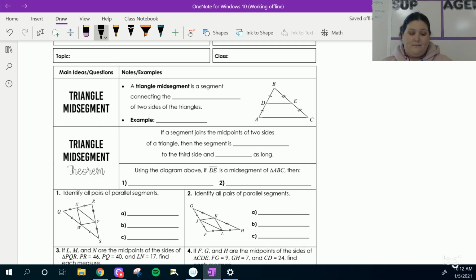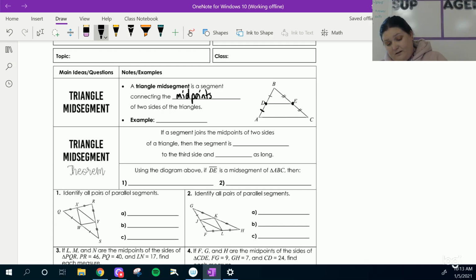So triangle mid-segment is a segment connecting the midpoints of two sides of the triangle. For example, on this picture over here to the right, point D and point E are the midpoints of AB and CB.